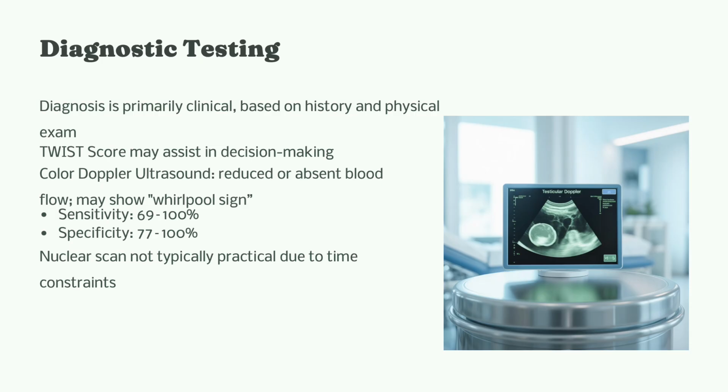Clinical evaluation is important. Do not delay care for imaging. Use the TWIST score for clinical guidance. Doppler ultrasound may show reduced blood flow or the whirlpool sign. Sensitivity is 69 to 100%. Specificity is 77 to 100%. Nuclear scan is accurate but impractical due to delays.